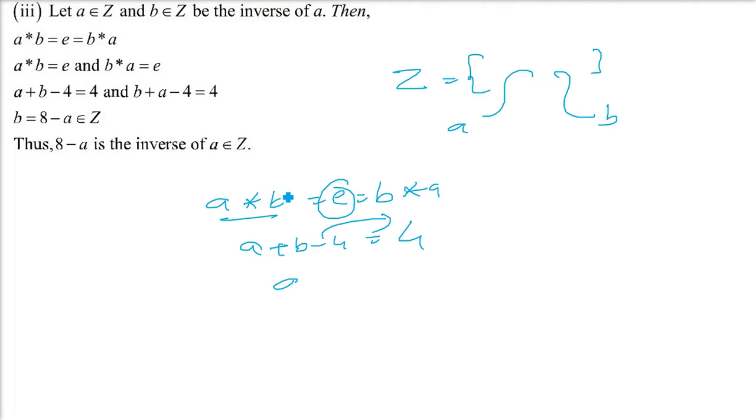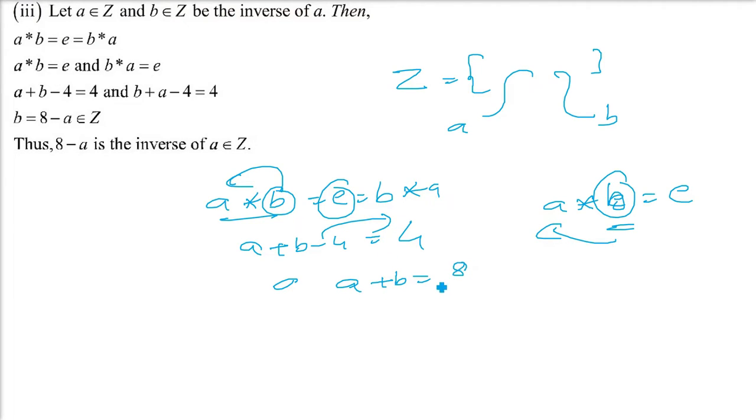What I am trying to say here is B is the inverse: when you operate A with A's inverse, you should get the identity element. We are interested in finding B, so B equals 8 minus A. 8 minus A is actually the inverse of A, which belongs to Z.